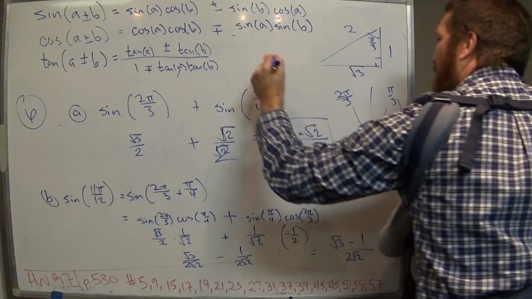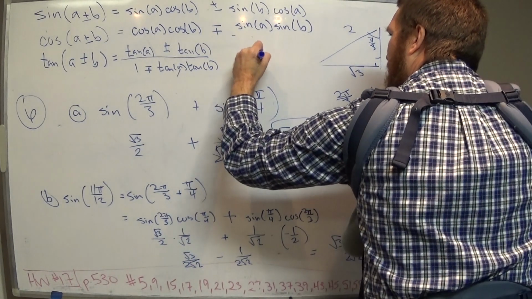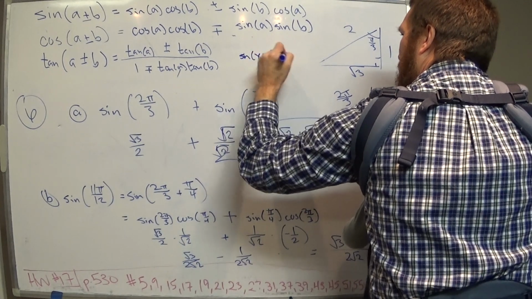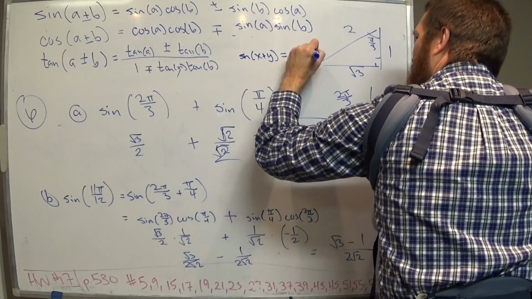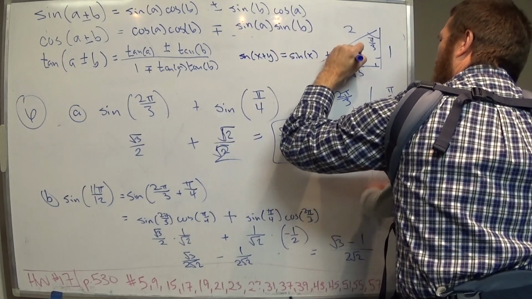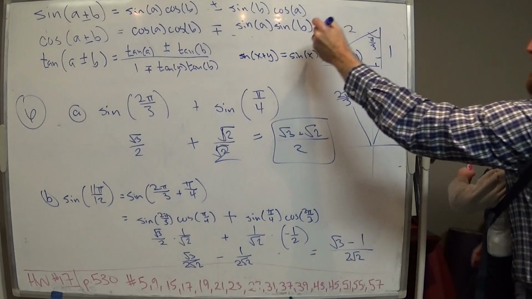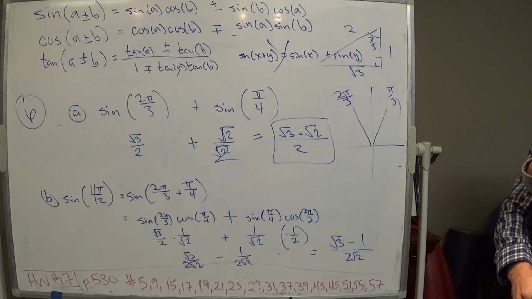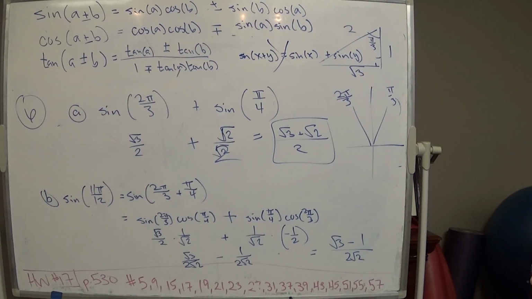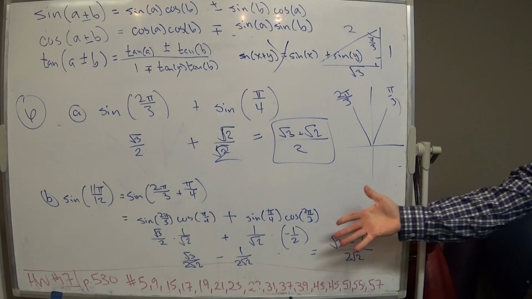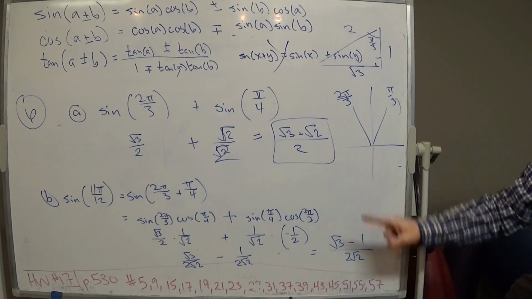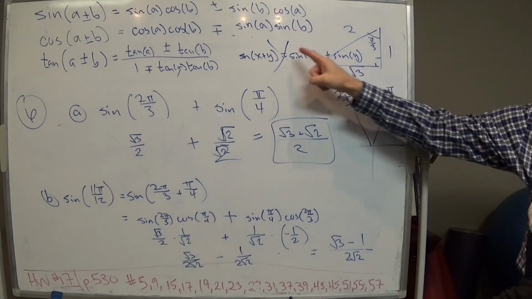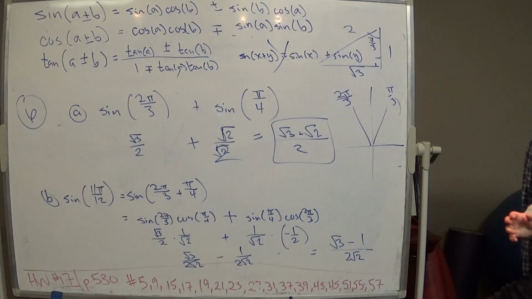So it's not the case that sine of x plus y equals sine x plus sine y. They're saying this is not true, and they're trying to hammer that home by making you brute force calculate one, then calculate the other, and show you they're not equal. Okay, everybody got that?